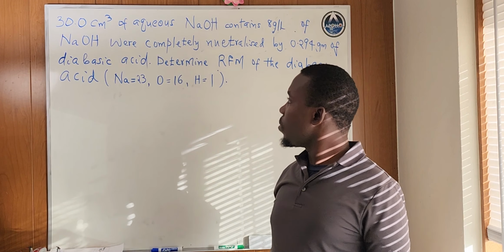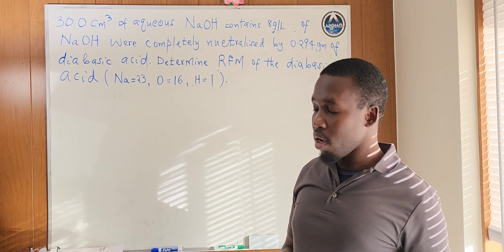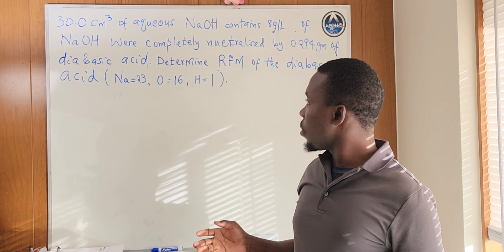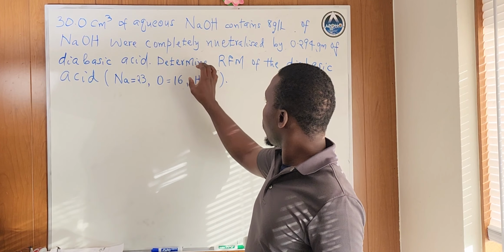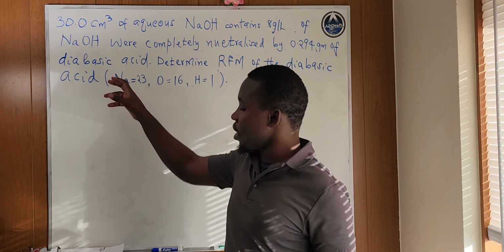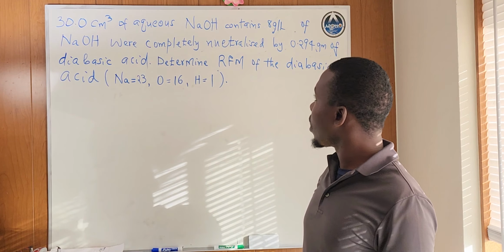So the first thing you do with this kind of question is write a well-balanced chemical equation so that you can use the mole ratio to help you determine the RFM of the dibasic acid. So let's try to write the chemical equation and balance it.